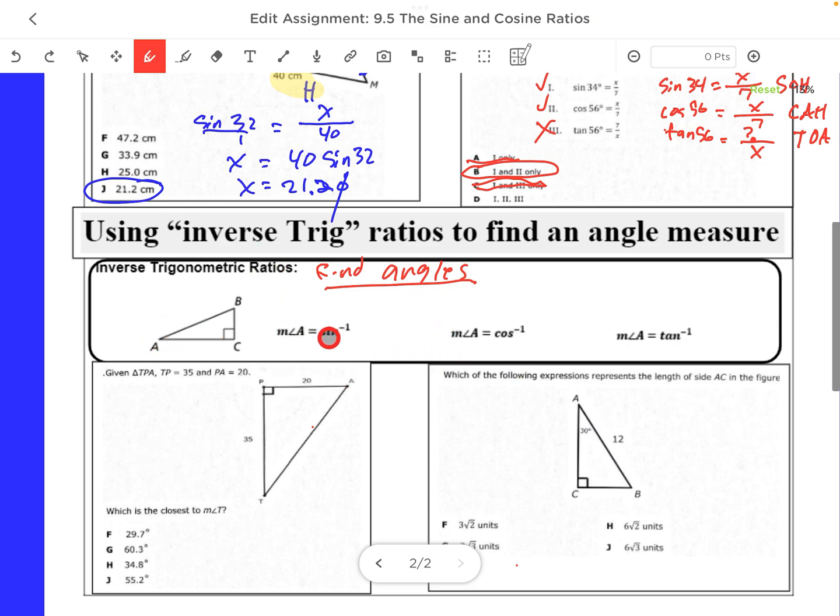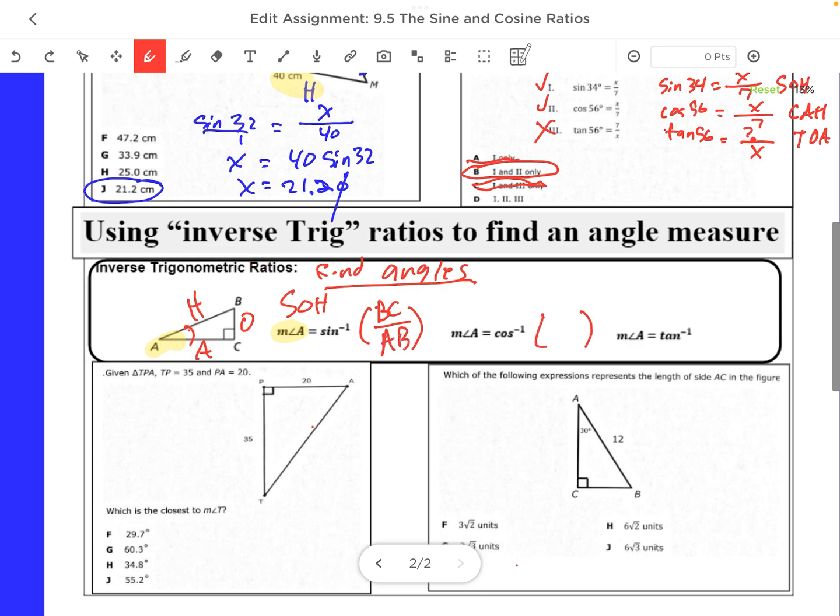For instance, on this one, if we're saying from the perspective of A, if I wanted to find this angle measure, angle of A, I would take the inverse sine, because we know sine is opposite over hypotenuse. So let's go ahead and label those, sorry. Opposite and the adjacent, from A. So opposite, which would be BC, over the hypotenuse, which would be AB.